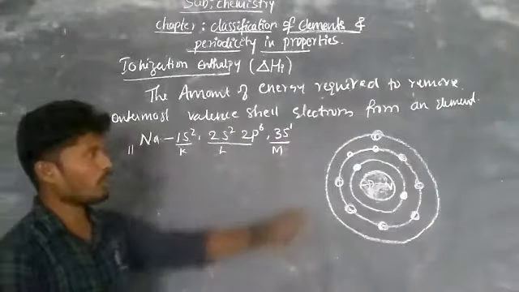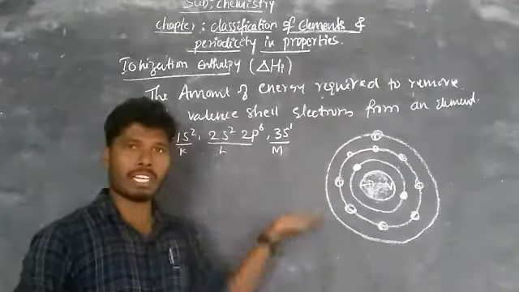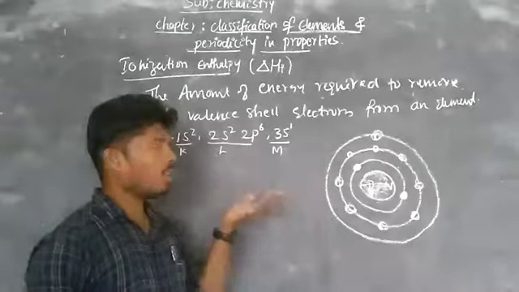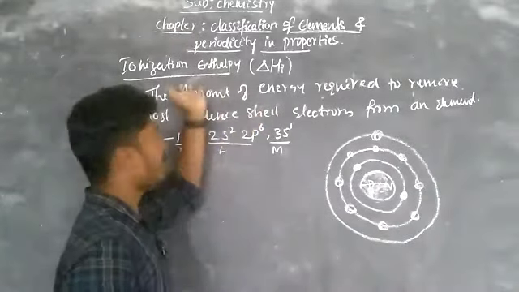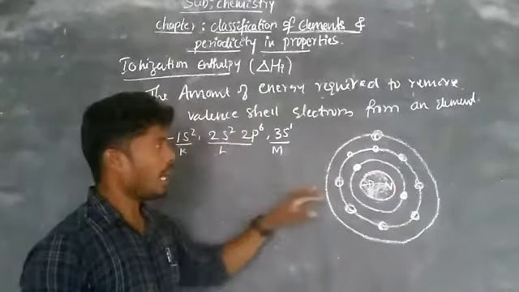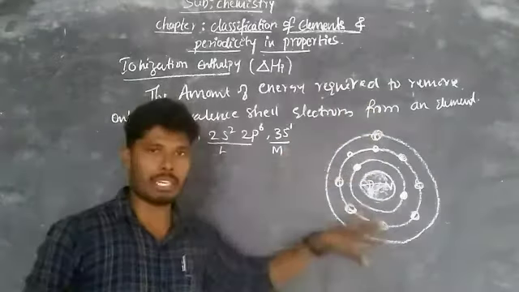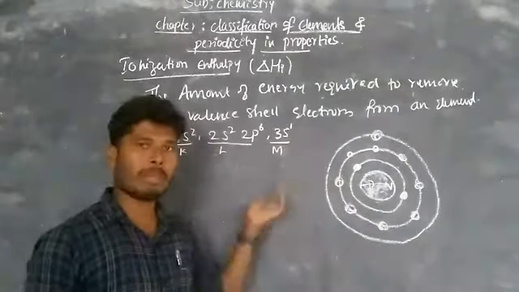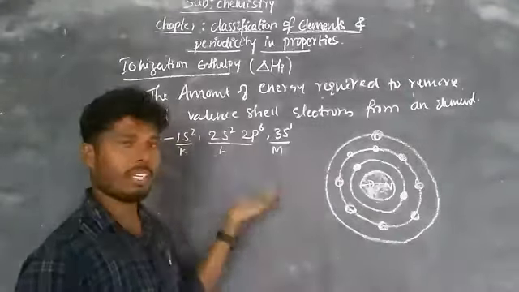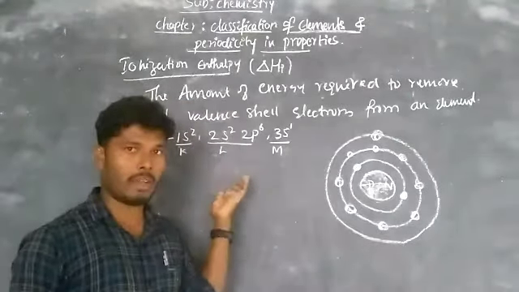Now to remove this electron, how much energy do we need? That energy is called what? Ionization enthalpy. That is, to remove an electron from the valence shell, the energy needed is what we call ionization enthalpy.